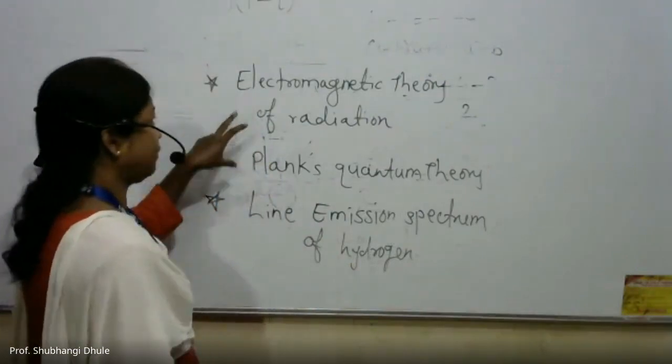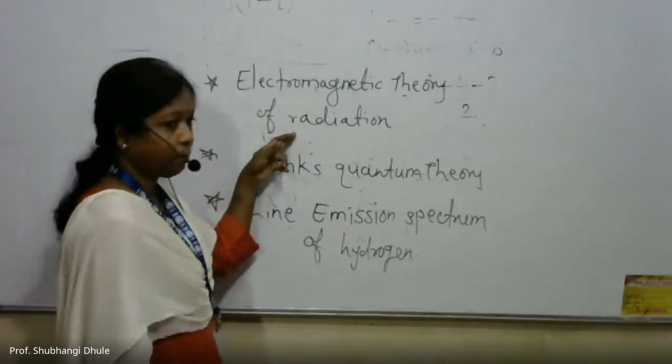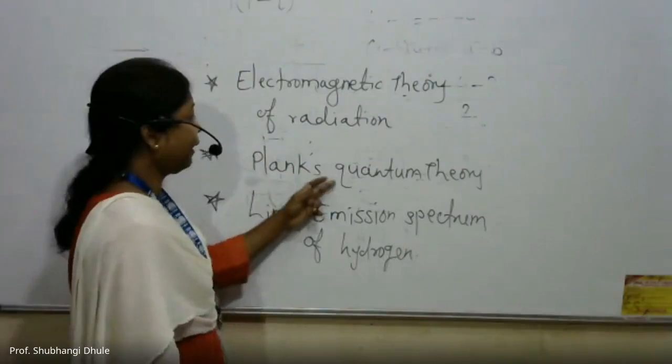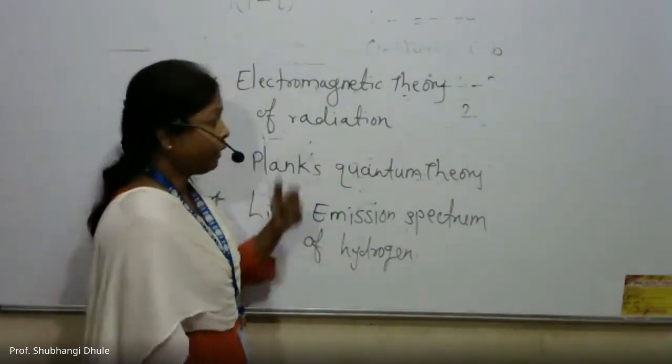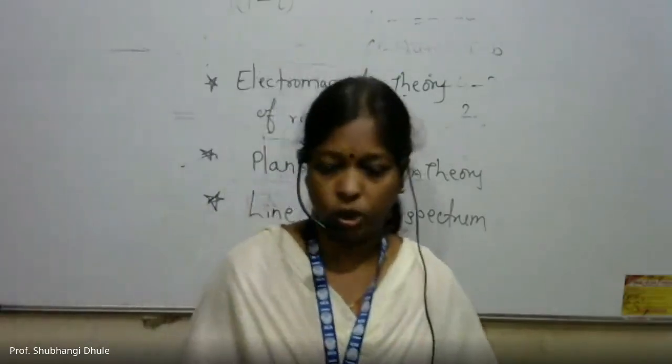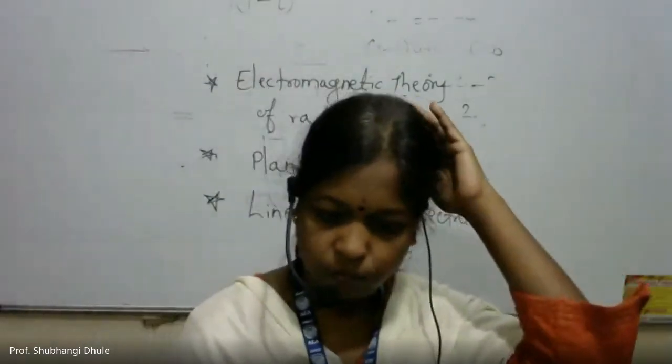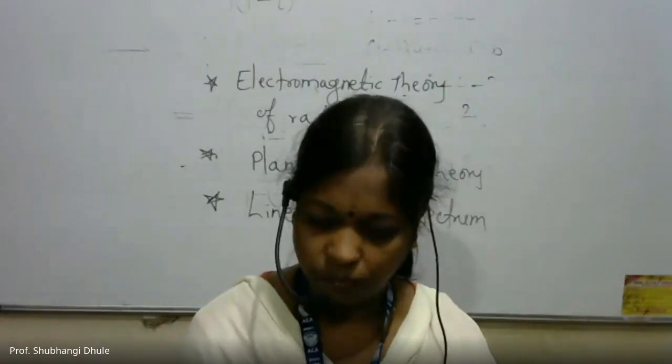But these two things, the electromagnetic theory of radiation by Maxwell and Planck's quantum theory, are not included in your syllabus. So let us learn about them very briefly. I'm going to present the PPT here.